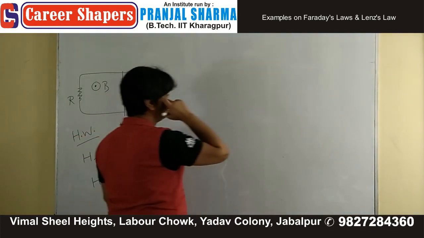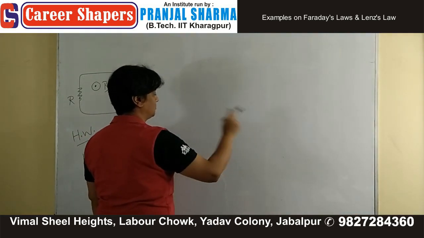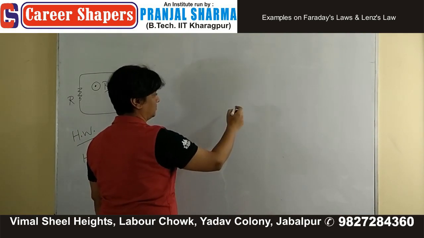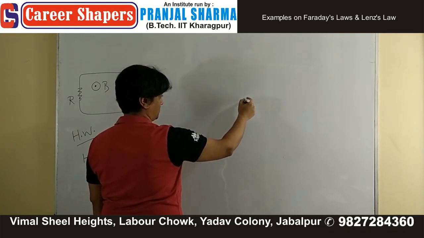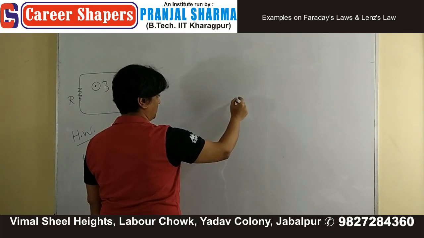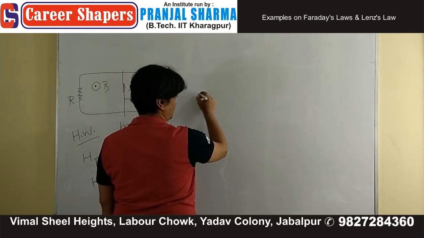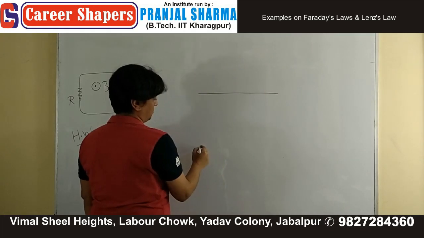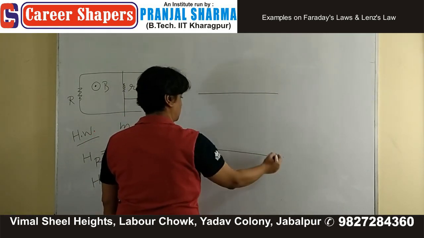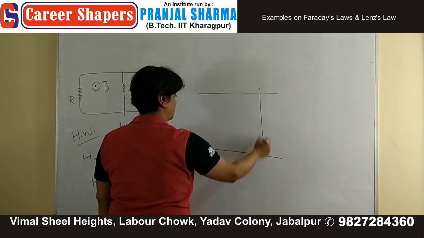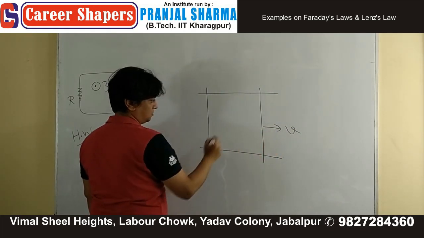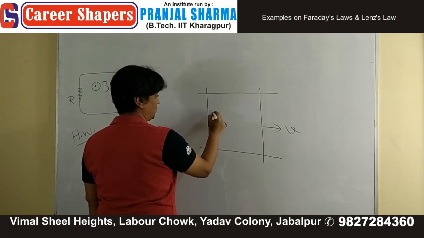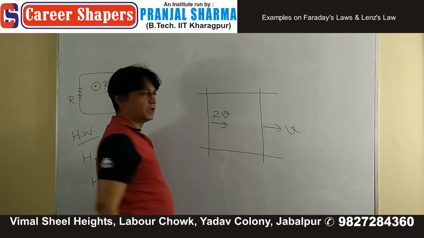Note down this question. There are two rods moving with velocities v and 2v.